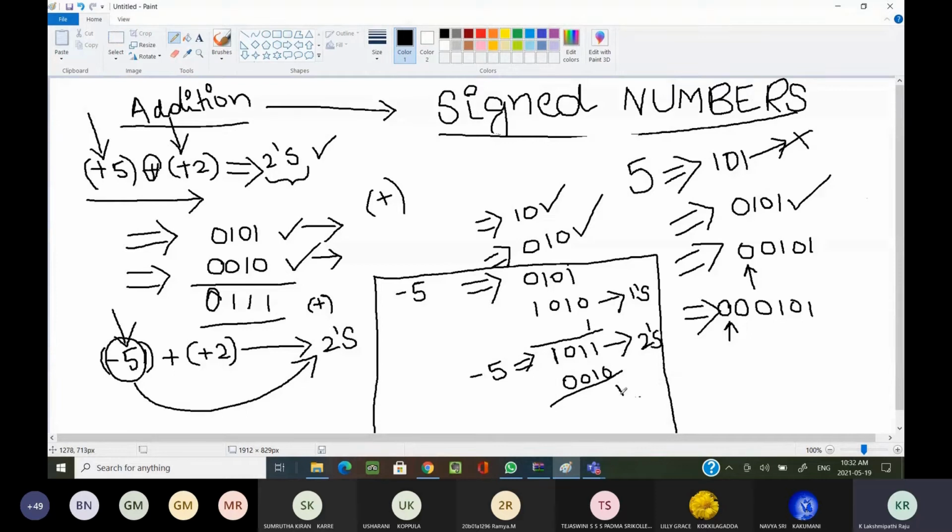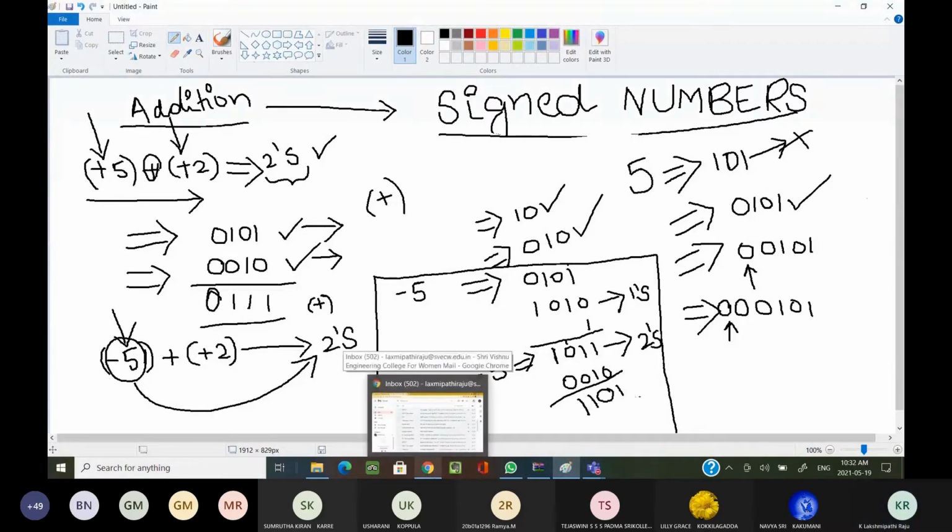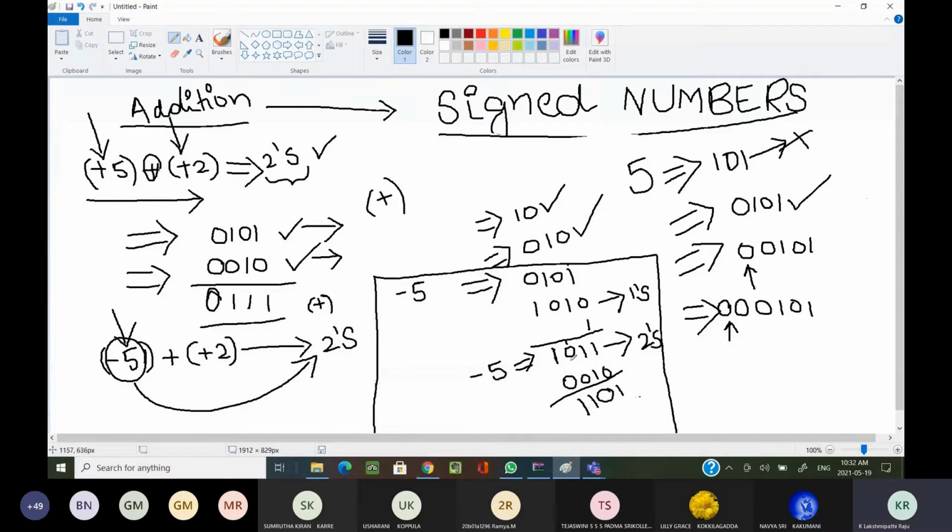Now the addition: 1 0 1 1 plus 0 1 0 gives 1 1 0 1.